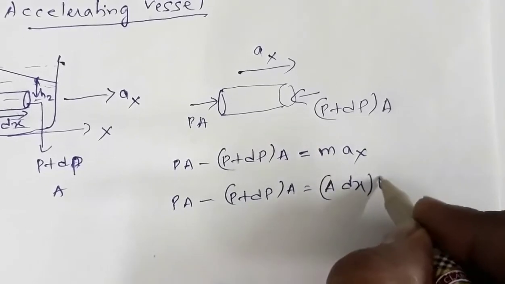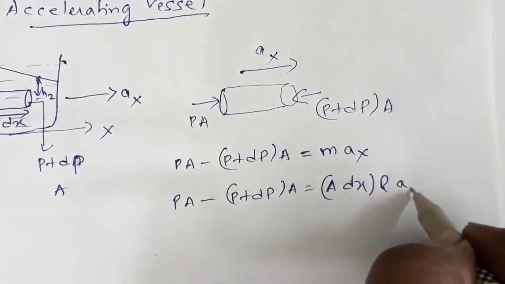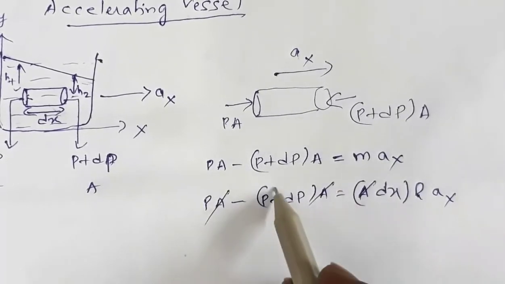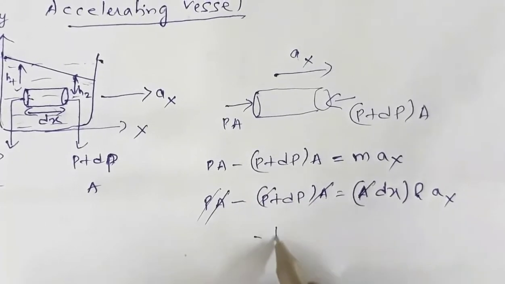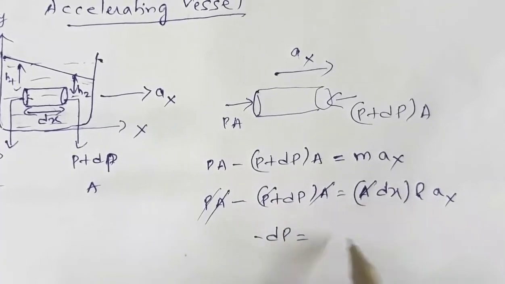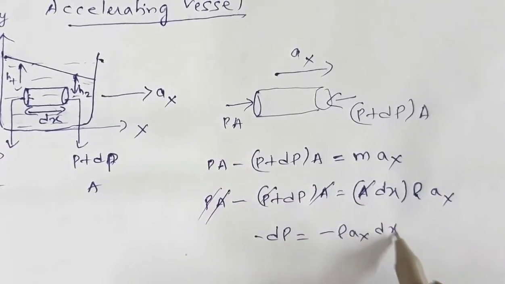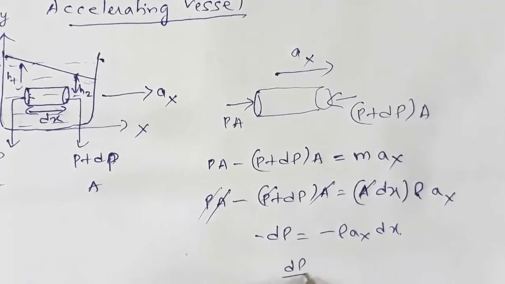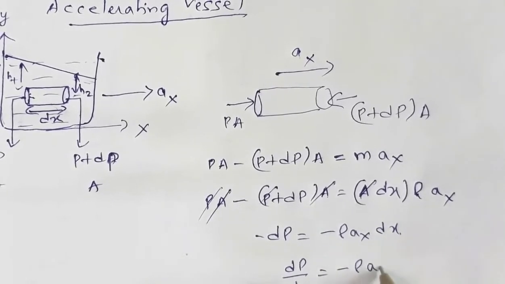So this is A dx into density rho into ax. So A cancels out, P cancels out. What are we left with? Minus dP is equal to minus rho ax dx. So dP by dx is equal to minus rho ax.